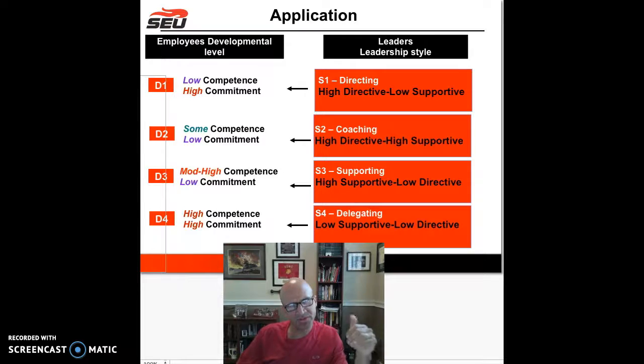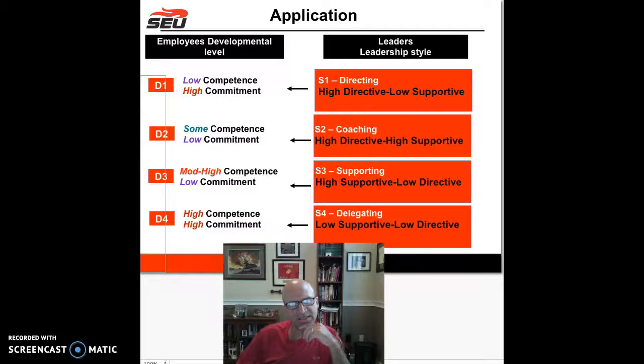Based on those four levels, the leader then should adjust his leadership style to better motivate and meet the objectives and goals. So for example, for D1, where you have low competence but high commitment, the leader should be directive in his mannerisms. For D2, where there's some level of competence but low commitment, the leader should be a little bit more of a coach.